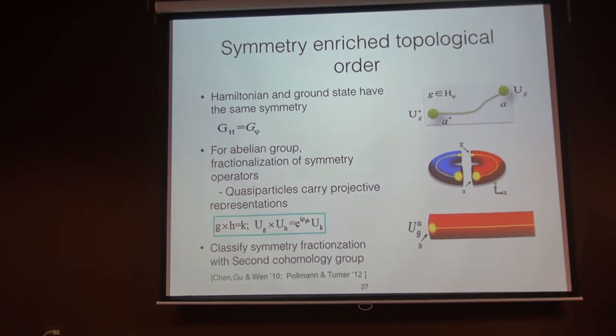So we can put our wave function on the torus, then the minimally entangled state will give us a quasi-particle wave function, and the quasi-particle will appear at the end of the cut, and under the global symmetry, the quasi-particle will carry the projective representation. And mathematically, it can be understood by the second cohomology group.